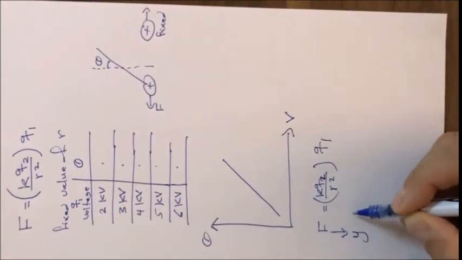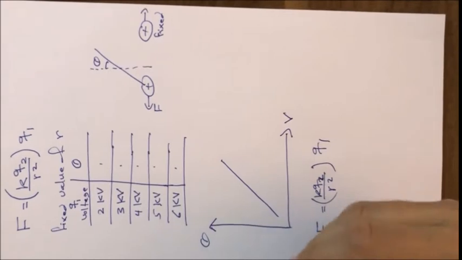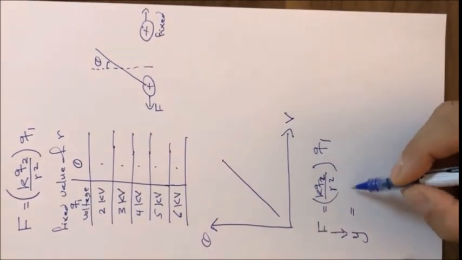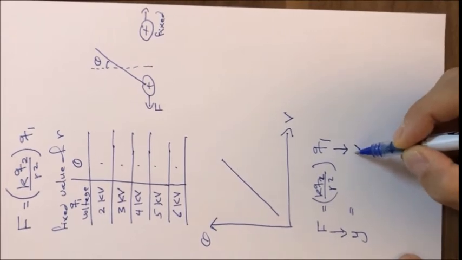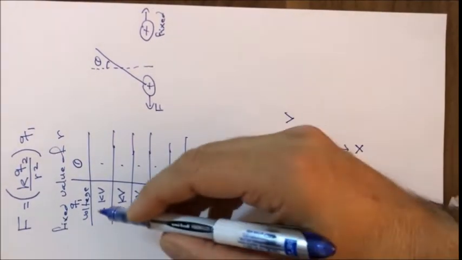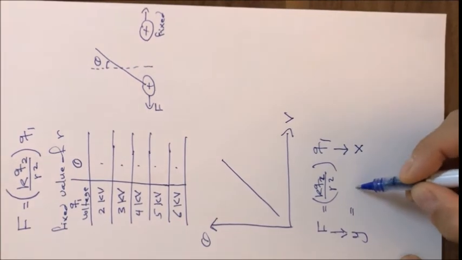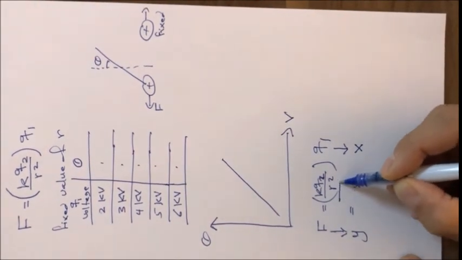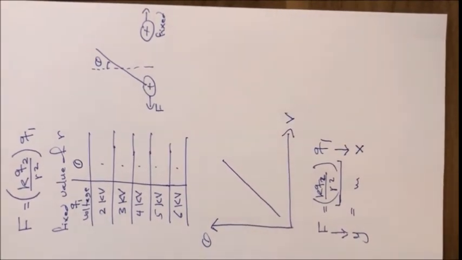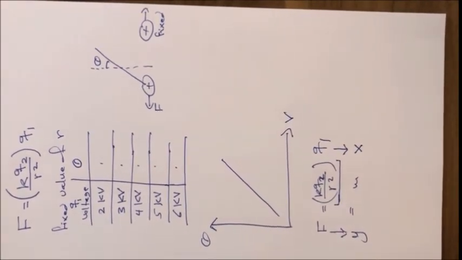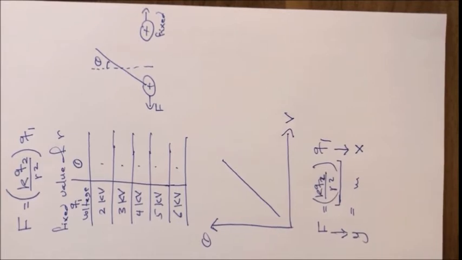Force is placed on the y-axis, or theta, and Q1 is placed on the x-axis, or instead of the charge we put the voltage, and this becomes the slope of our line, KQ2 over R squared. But we are not going to ask you to measure or to calculate the slope, since we are not using the values of the force and the charge.